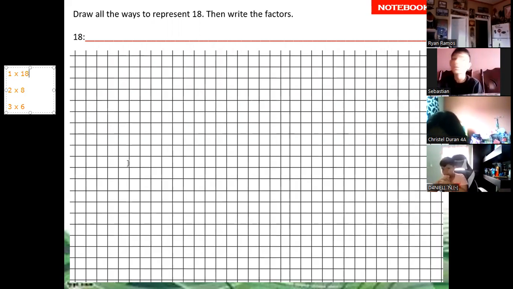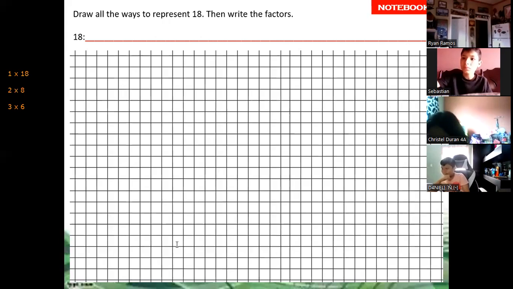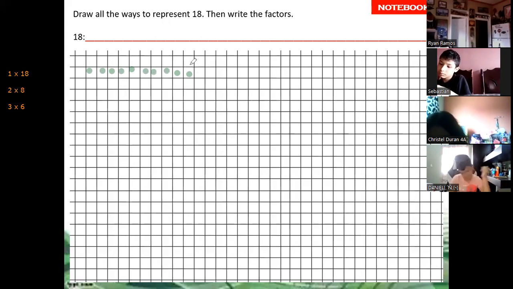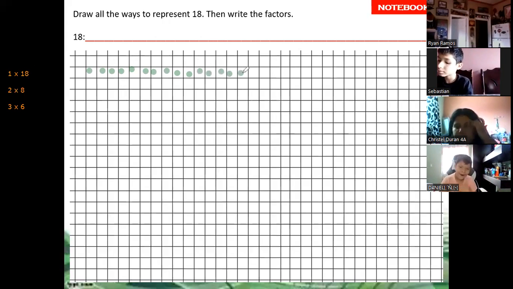Now, what are we going to do? We're going to represent this one. So we are going to count. 1, 2, 3, 4, 5, 6, 7, 8, 9, 10. I have to count until 18. 11, 12, 13, 14, 15, 16, 17, 18. Now I draw the figure.